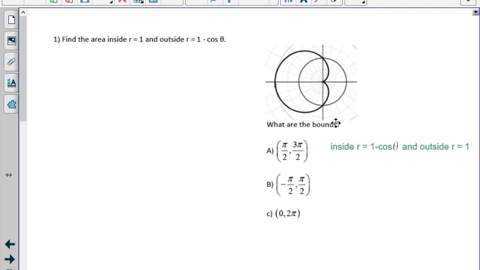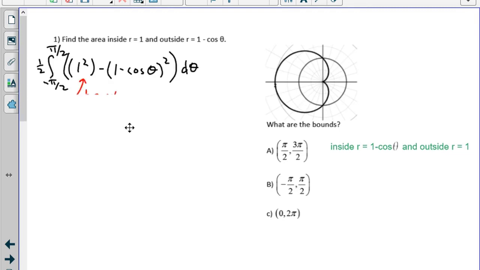B is the bounds that we're looking for because we want this shaded area that I'm moving with my mouse right now. So I want the area inside r equals 1. So I'm going to find the integral from negative pi over 2 to pi over 2 of r equals 1, and then I'm going to subtract the small areas of the cardioid from negative pi over 2 to pi over 2.